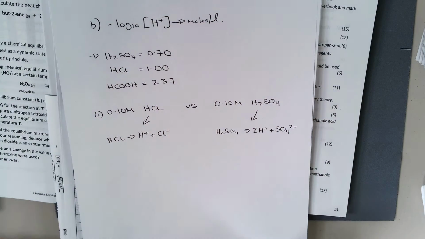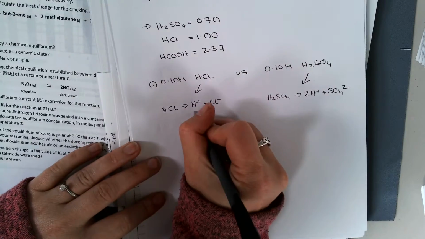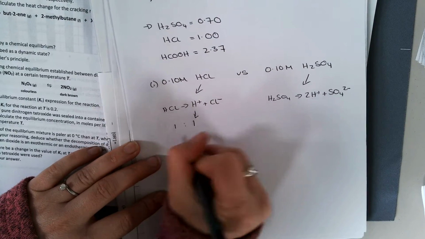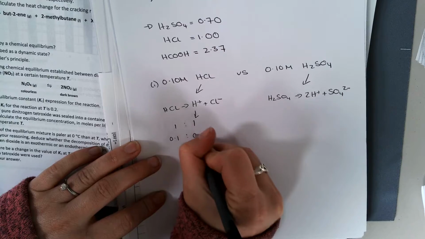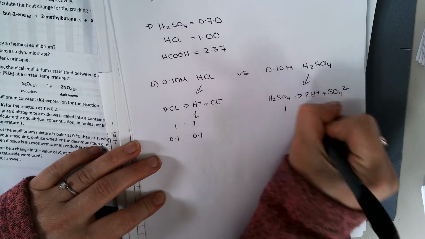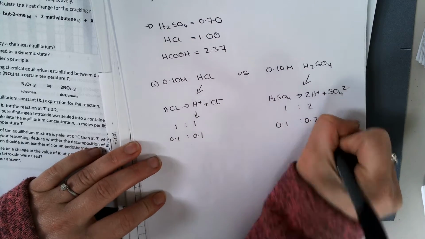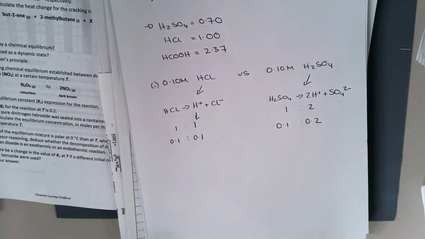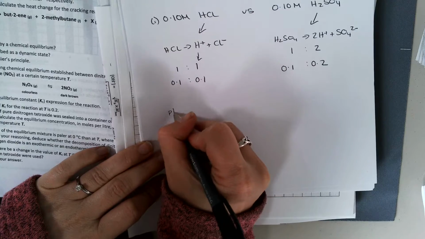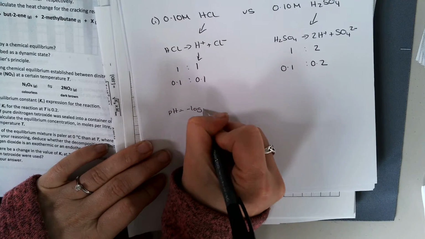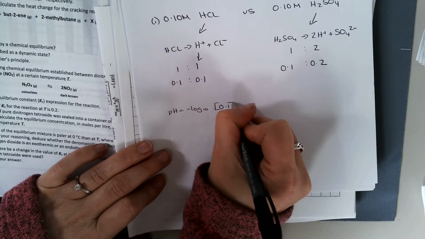So for this, my ratio is 1:1, so 0.1 is to 0.1, and my ratio here is 1:2. So I'm going to have 0.2 moles of H+ from the sulfuric acid. So pH here is minus log to the base 10 of 0.1.